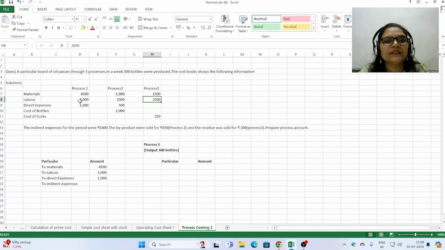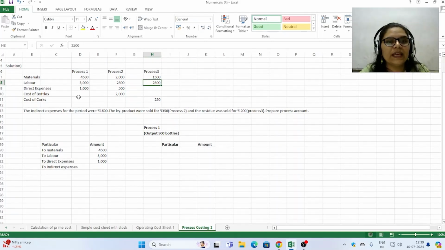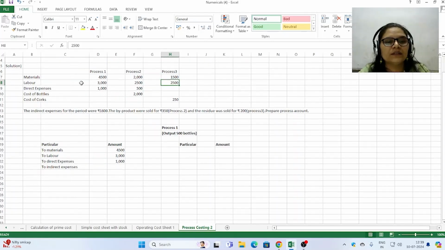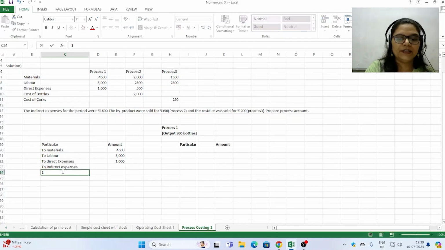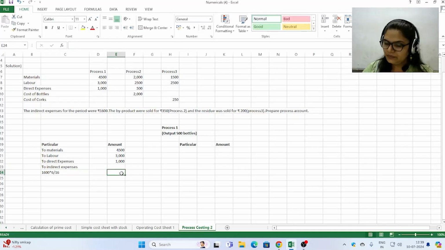The ratio is 6 is to 5 is to 5. So for process A, indirect expenses, that is 1600 into 6 divided by 16 will give you 600.